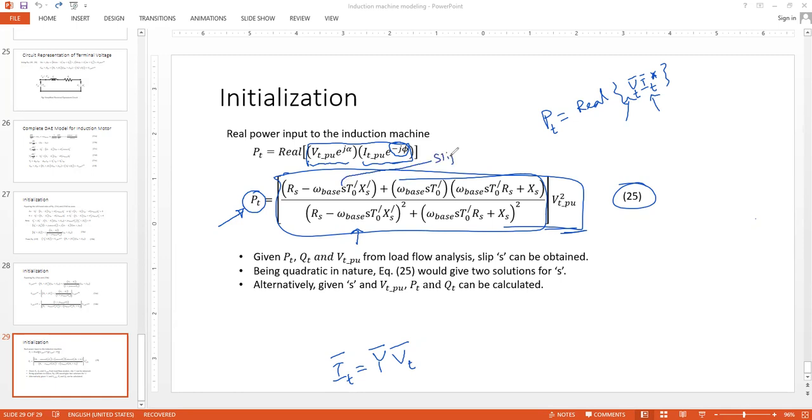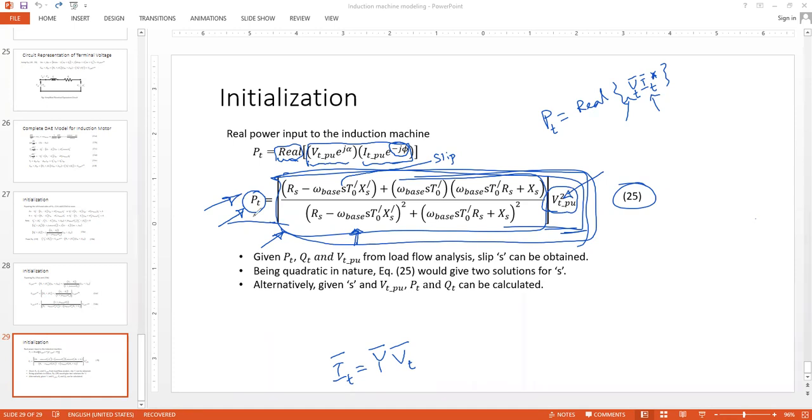So everything here is real in nature. This is not a complex expression, because you are looking for the real part of the complex expression. So ultimately whatever comes will be some real value, and VT square in per unit. So it is giving you the relationship between the real power and the terminal voltage.